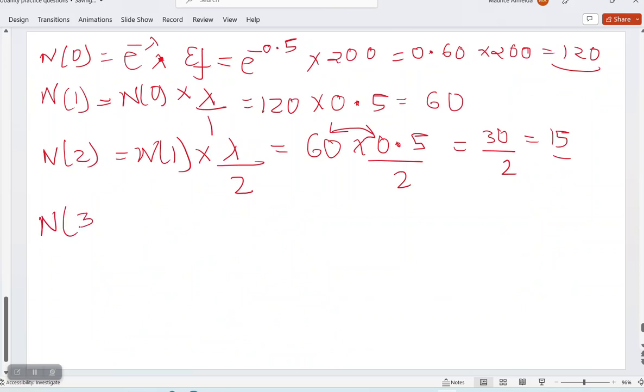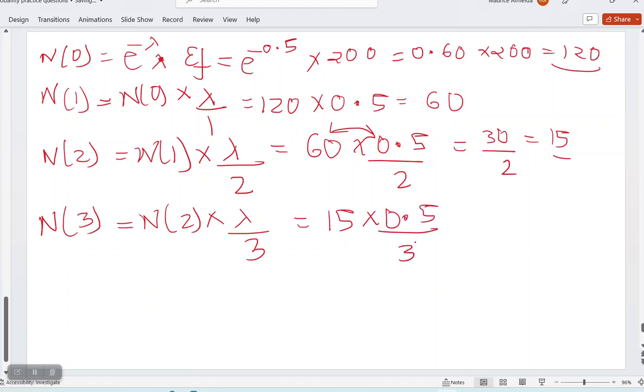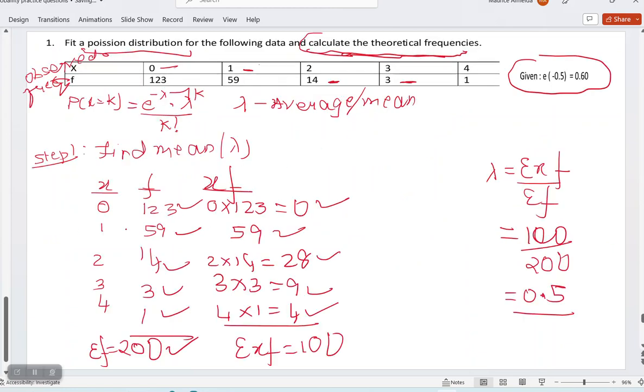To find n of 3, the value is n of 2 into lambda upon 3. N of 2 is 15. Lambda is 0.5 upon 3. 15 into 0.5 is 7.5, upon 3, which is 2.5. So again, the theoretic frequency 2.5 is very close to what is observed, which is 3.